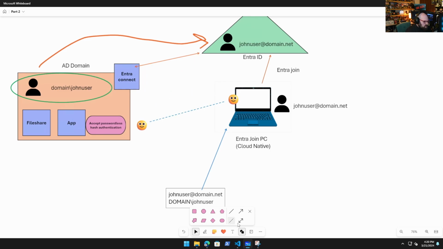So if I'm using Windows Hello for Business, and I update my on-prem domain with Cloud Trust as an authentication model with AD Connect, it'll say, hey, listen, I can understand that. I know who domain John User is, and he's also John User at domain.net, and I understand the type of authentication you're passing through.